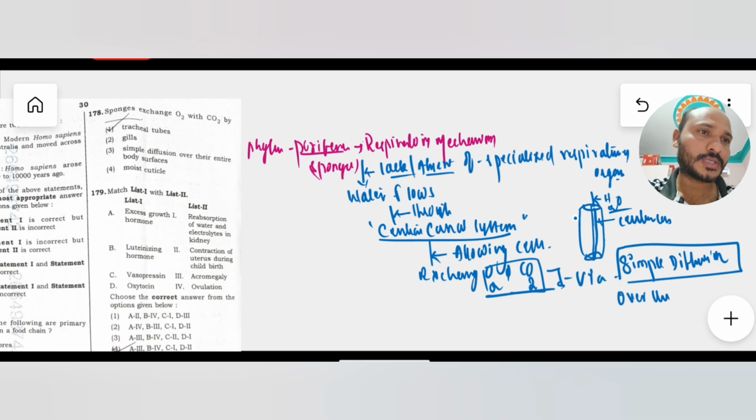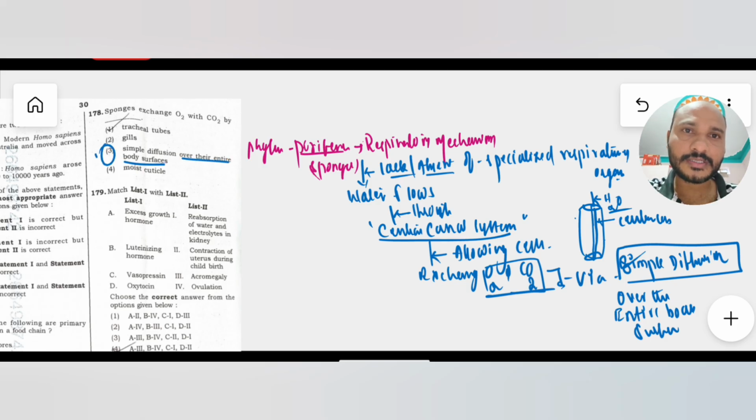So the answer is simple diffusion over the entire body surface.